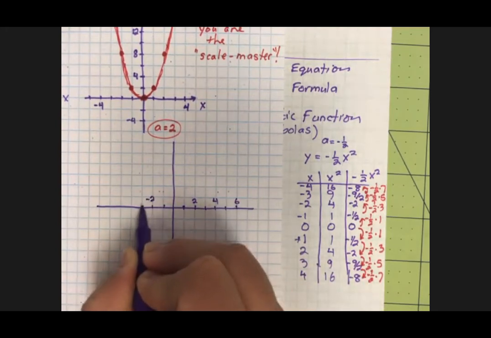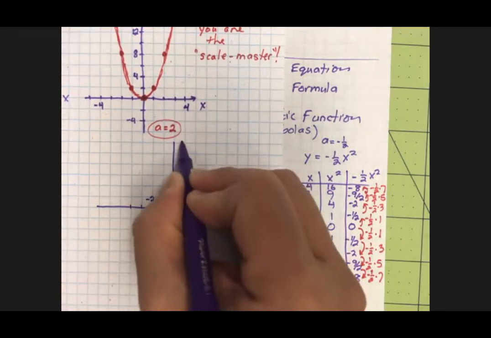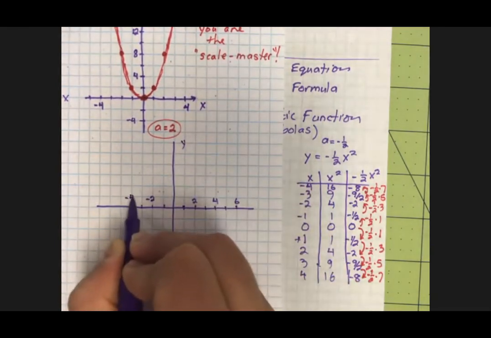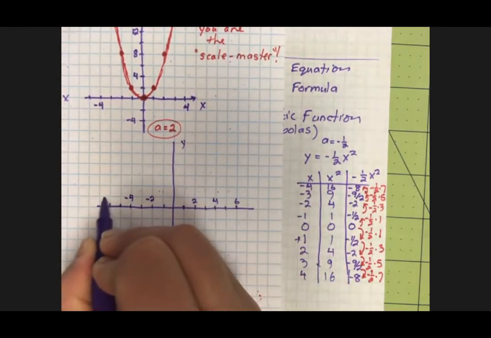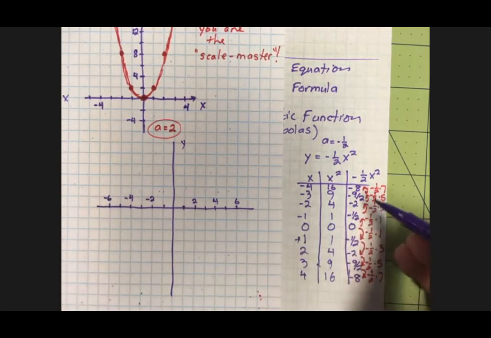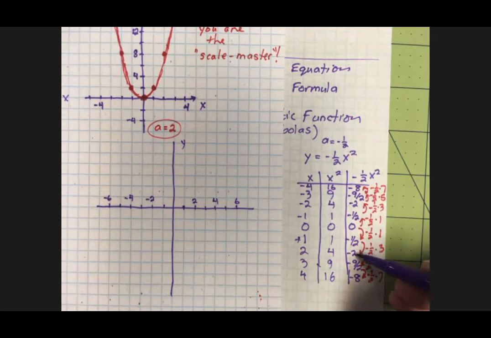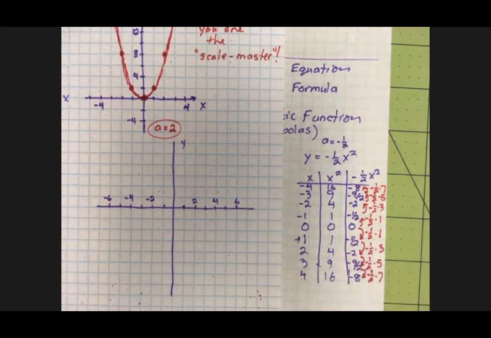But notice on the y-axis, I am counting often by halves. 1/2, even -2 is 4 halves, 9 halves.